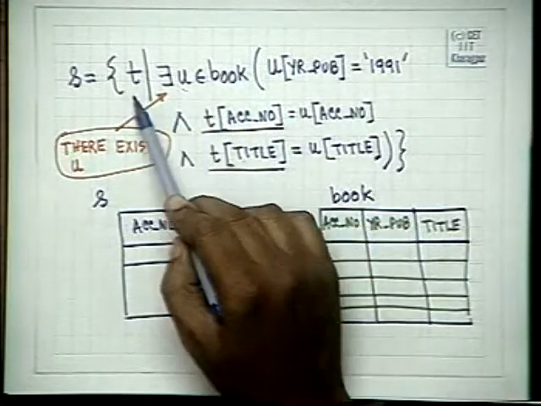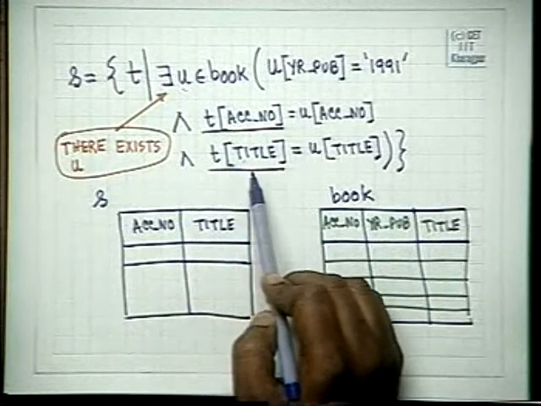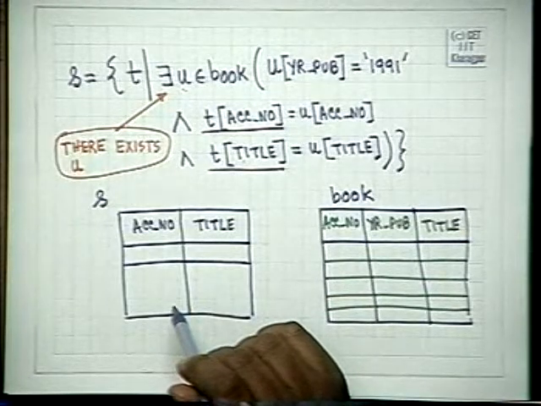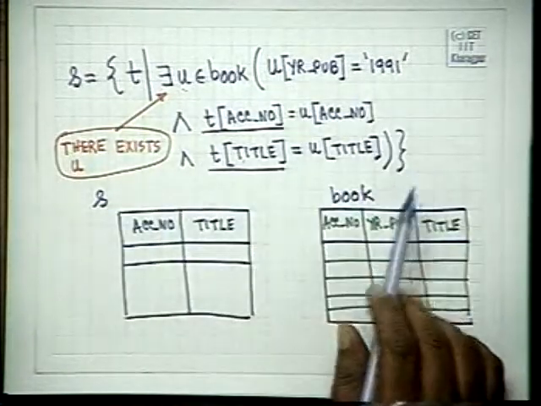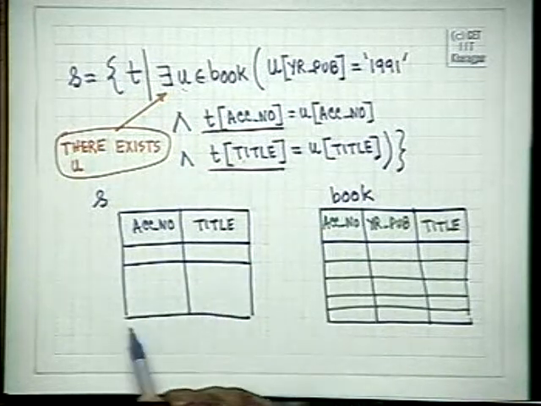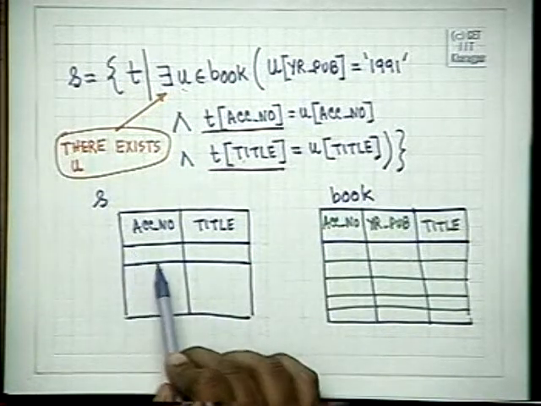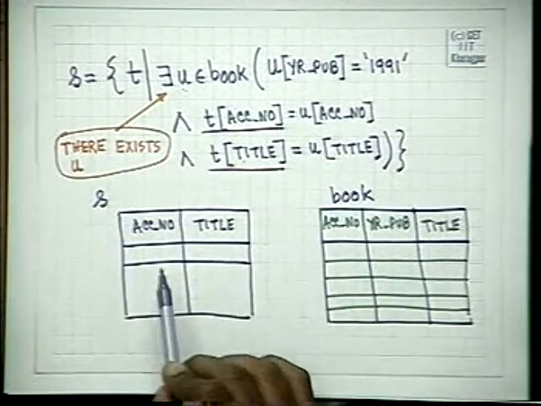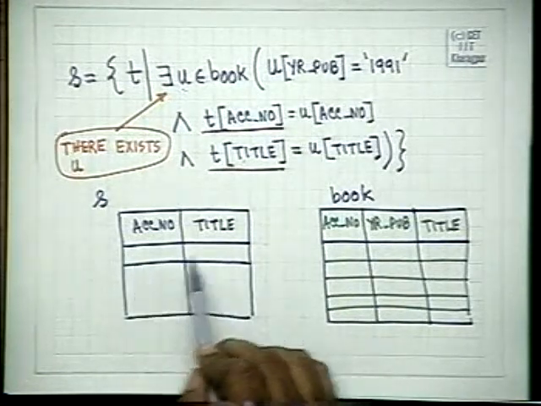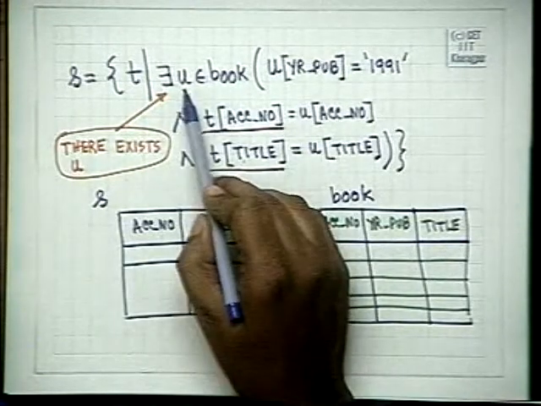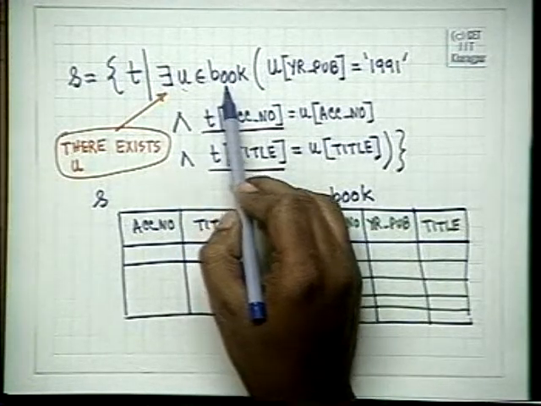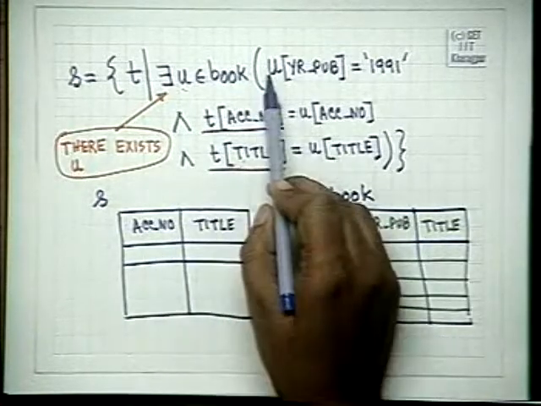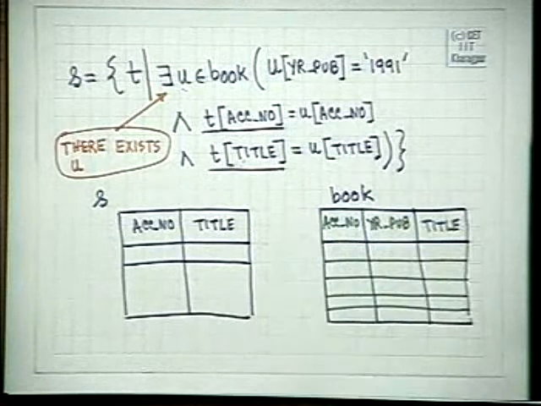Otherwise, the attributes of T which are explicitly mentioned are the only relevant attributes which will appear. So S will be a relation having a set of tuples. For each tuple, this must match. Take any tuple here. Corresponding to this tuple, there must exist an element of book such that the accession number is the same, the title is the same, and the year of publication of that book is 1991.